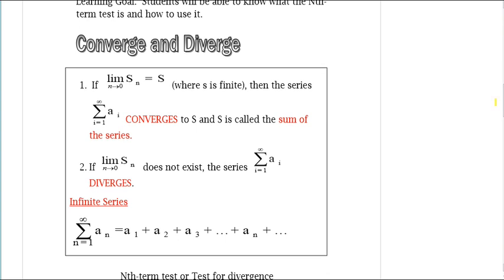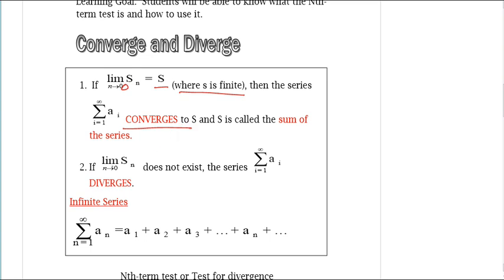To refresh your memory on what converge and diverge mean: if I have the limit as n approaches infinity of s of n equal to s, a series, a bunch of numbers added up to infinity, and I get just a finite number, then we say that it converges.